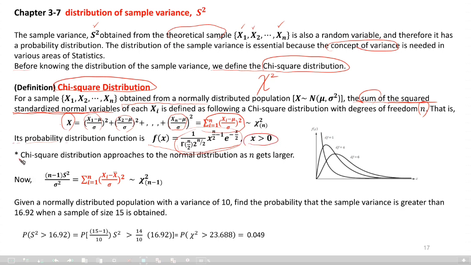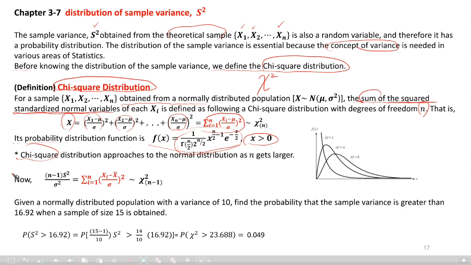The chi-square distribution approaches the normal distribution as n gets larger. That shows how important the normal distribution is. The t distribution approaches the normal distribution, and here the chi-square distribution approaches the normal distribution. That can be proved in mathematical statistics, so you don't have to worry about it.